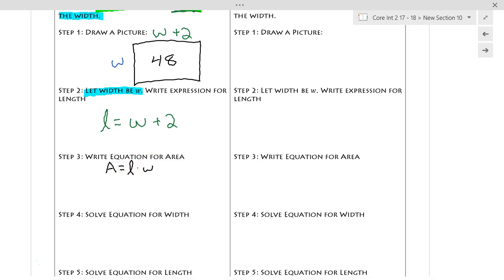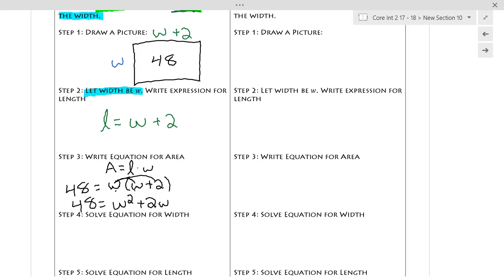Area equals length times width. So in this case, my area is 48 equals W times W plus 2. I am going to distribute that through. 48 equals W times W is W squared. W times 2 is 2W.